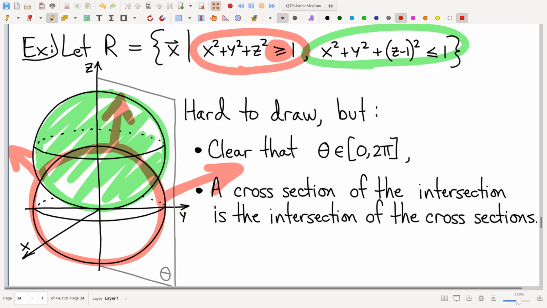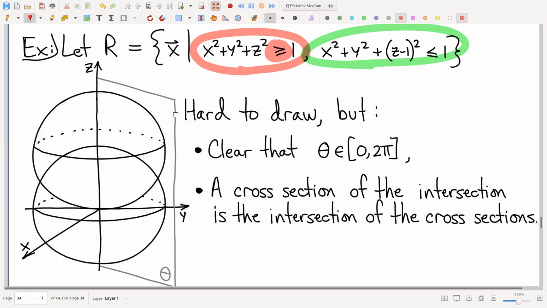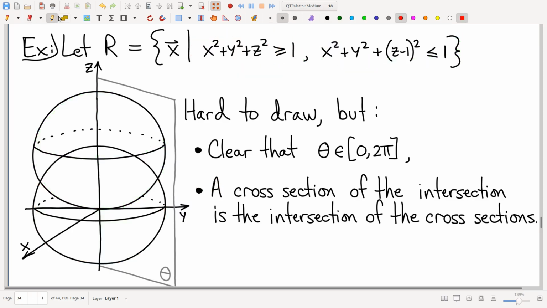So inside the green, outside the red. And it's hard to draw this eventual surface because you're going to be tempted to draw a corner like I am here. But there's actually no corner there, right?